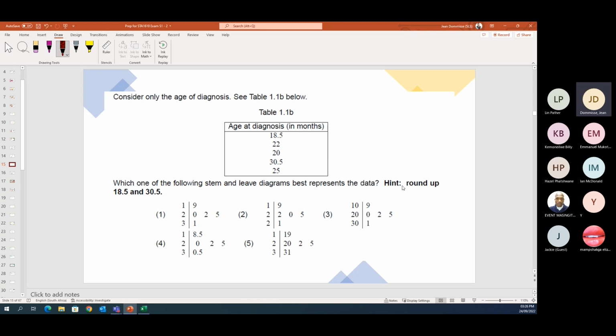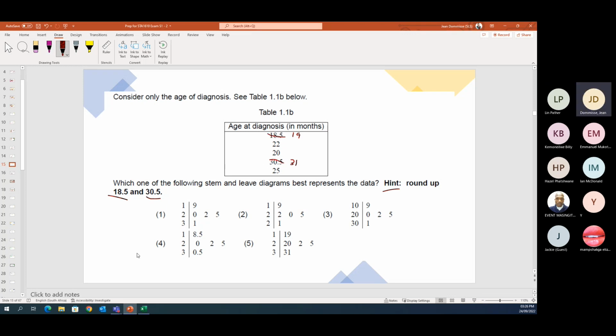They also give you a hint. Okay, so they tell you round up 19 or 18.5 and 30.5. Okay, so the numbers are actually 19 and 31. I don't know why they just didn't do that.